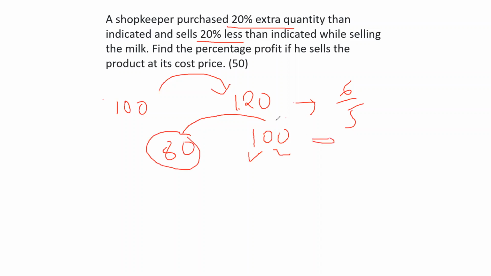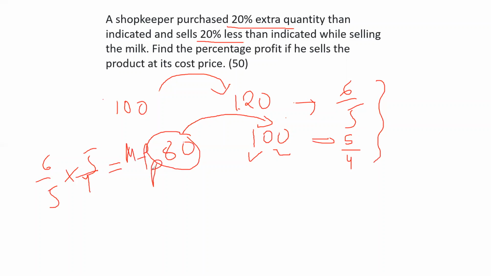So the multiplying factor in this is final by initial: 100 by 80, that is 5 by 4. Fair enough? Now these are the two multiplying factors. Write it down here: 6 by 5 into 5 by 4 equals multiplying factor profit. So 5 gets cancelled with 5, and we get 3 by 2.